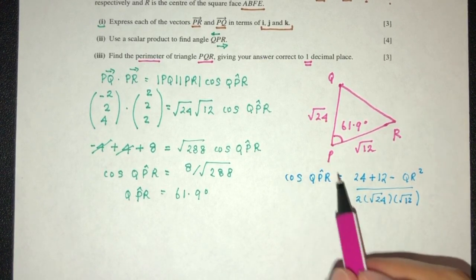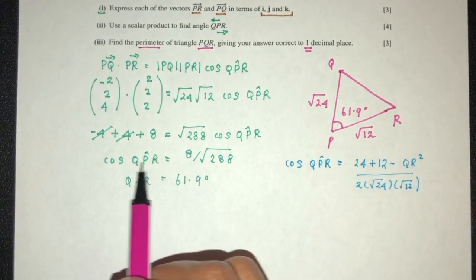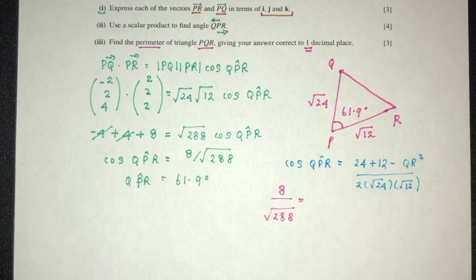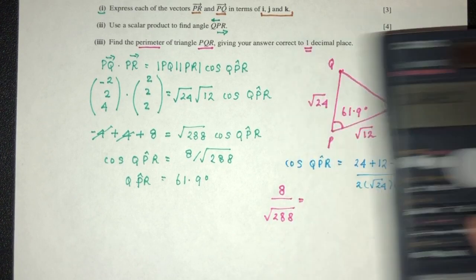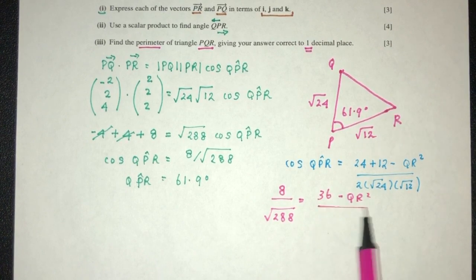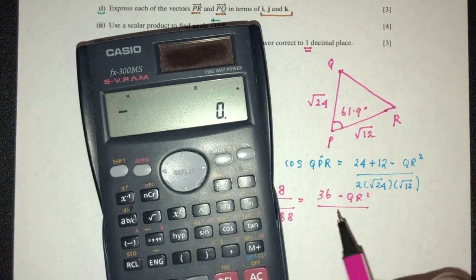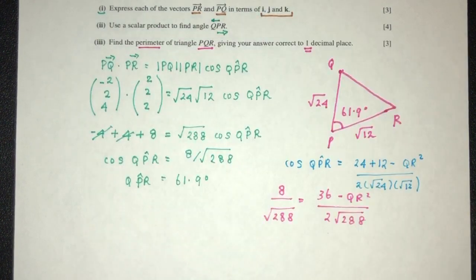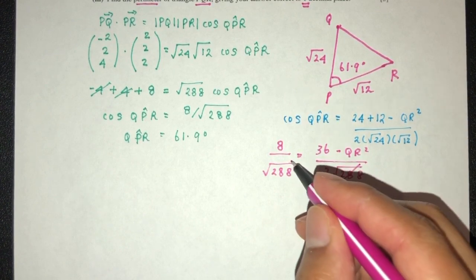Okay, so this is simple. As we can see here, cos QPR is 8 over root of 288, and that should be 24 plus 12, that will be 36, minus QR square over 2 times root of 288. So simplify, this and this will cancel out.